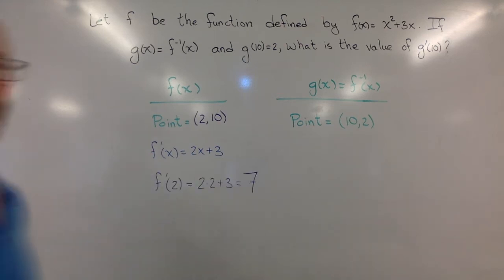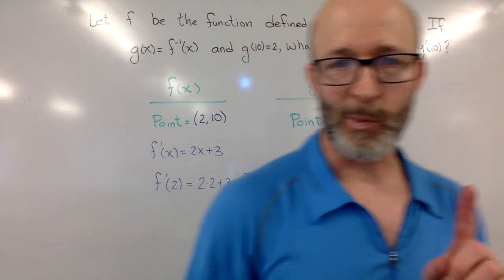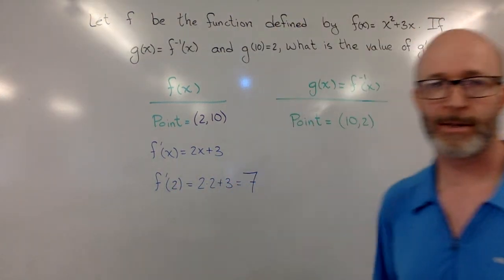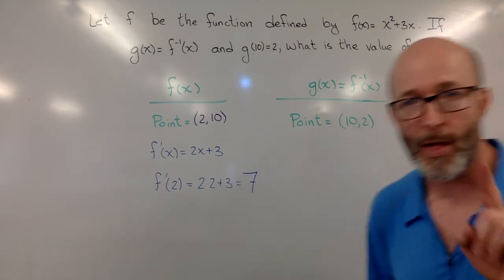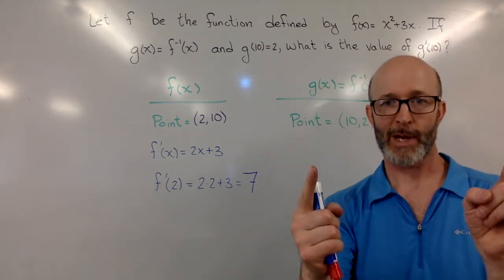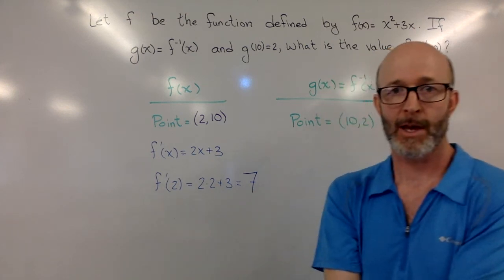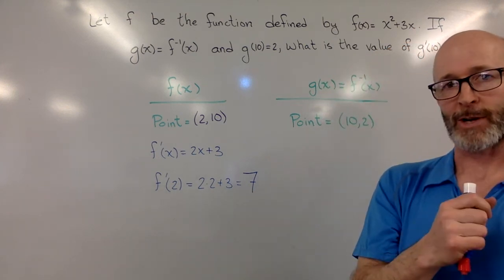Well, now what can we do with that? Because I said there was only one calculus portion you needed to remember about inverses. The main thing you need to remember is that you switch the x's and the y values when dealing with these inverse functions. That's for regular inverses.